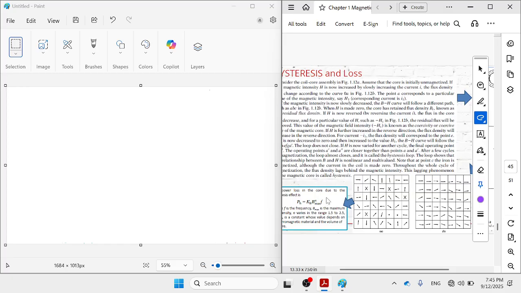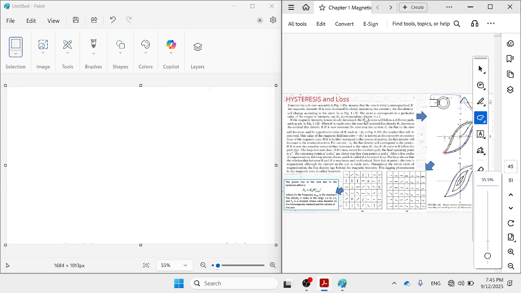So if this is given to you, you can calculate the hysteresis losses. Hysteresis losses produce heat inside the core. So they are not welcome, but this phenomenon is available in all machines and is unavoidable. We cannot remove it from the machine.